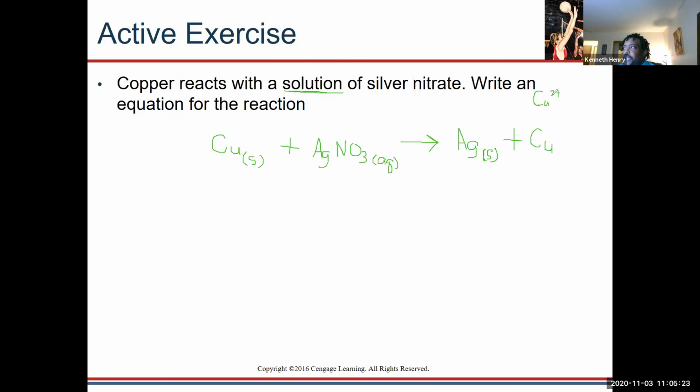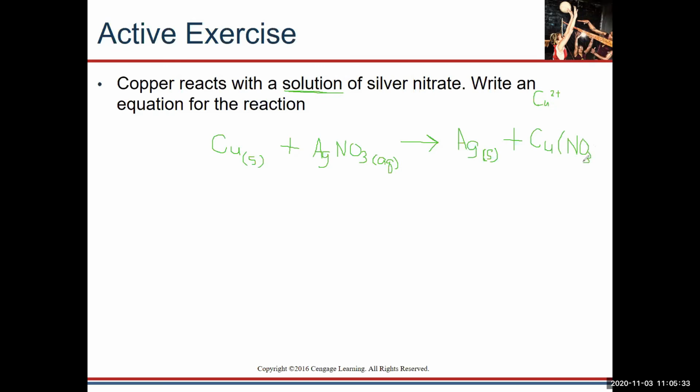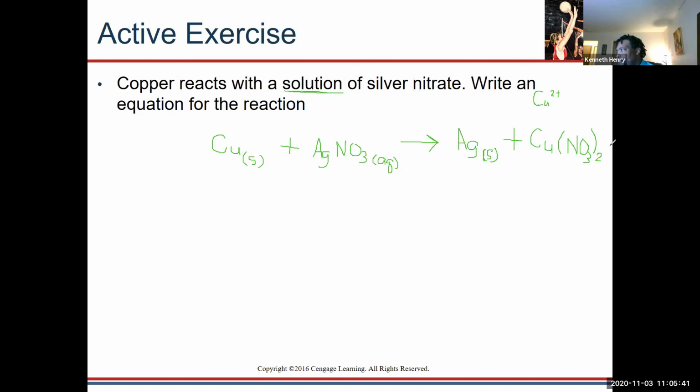How many nitrates am I going to need to balance that? 2. I'm going to need 2. So it'll be Cu(NO3)2. And then we put aqueous. Okay, piece of cake.